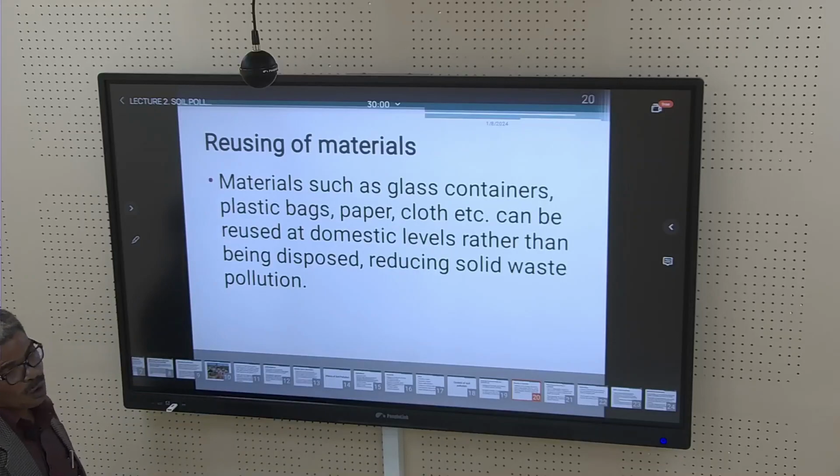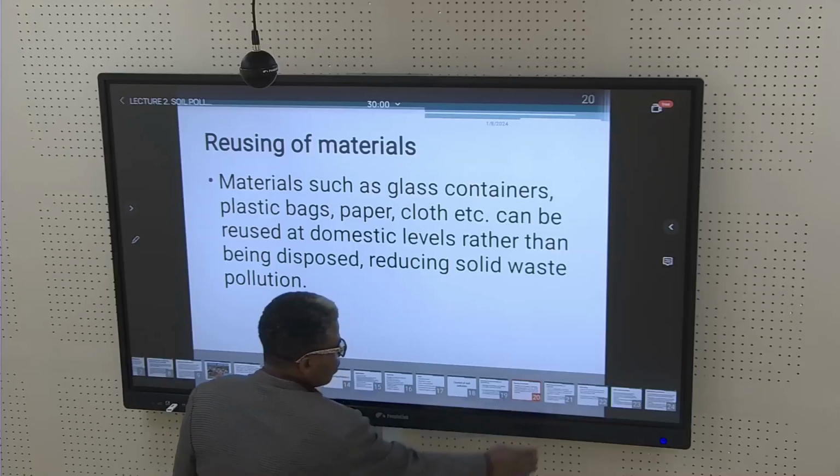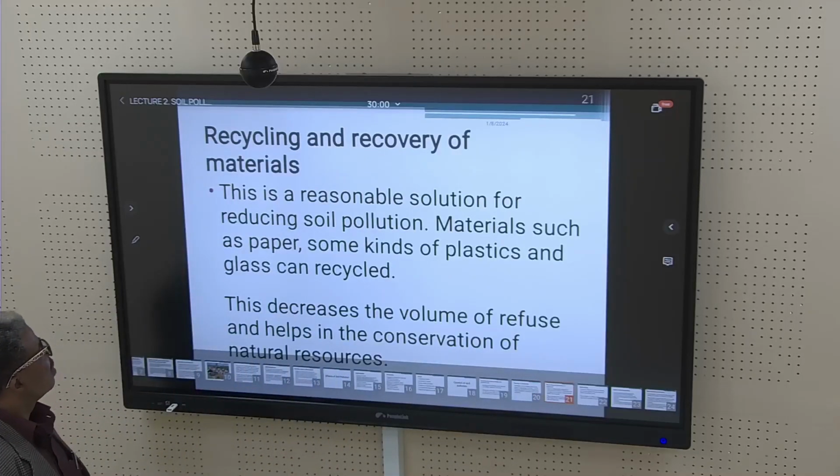Reusing of materials. Materials such as glass containers, plastic bags, paper, and cloth can be reused at domestic levels rather than being disposed of, reducing solid waste pollution. So reusing is another means of controlling soil pollution. The former means was reusing.